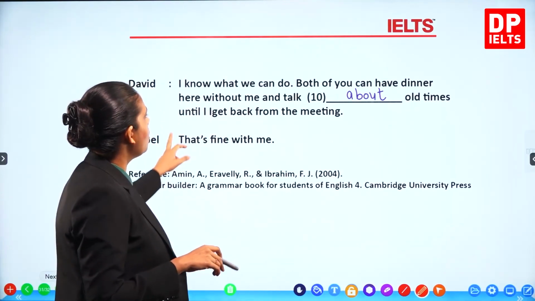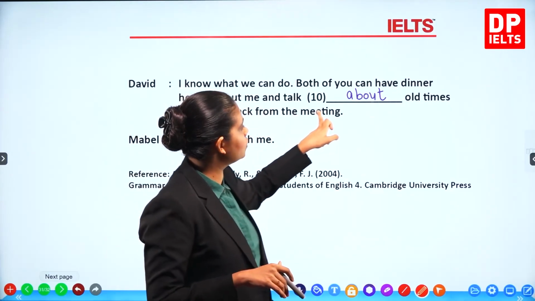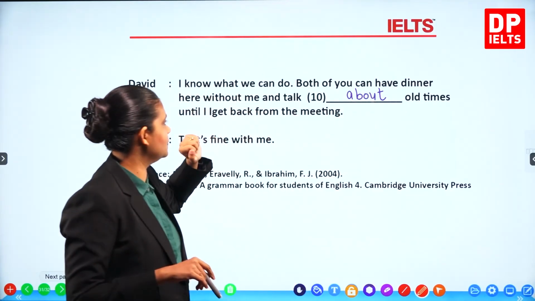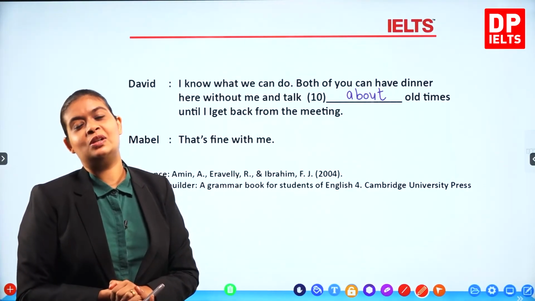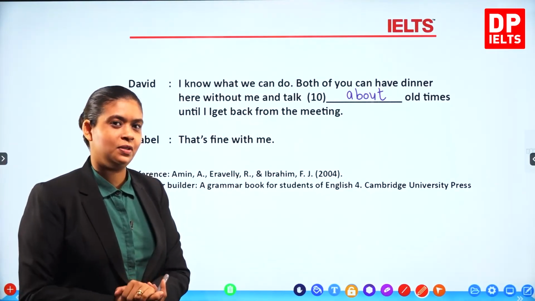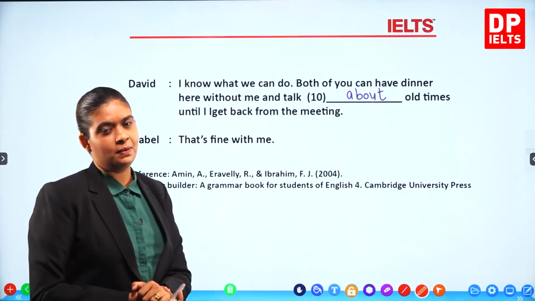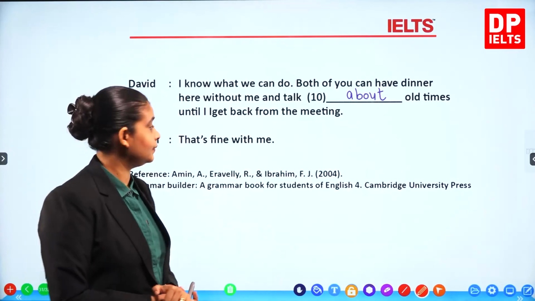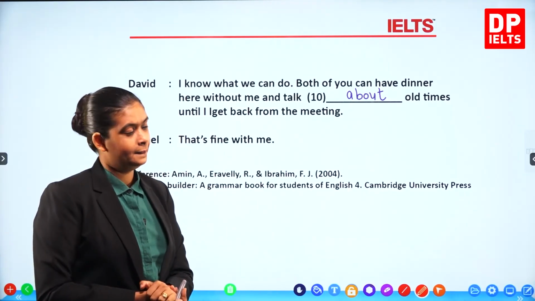He says, why don't you go there and talk? Both of you can talk about old times. So again, informal conversation about a certain topic, the olden days, how they were together as friends. And then he can get back from the meeting while that's happening. Mabel says, well, that's all good with me.